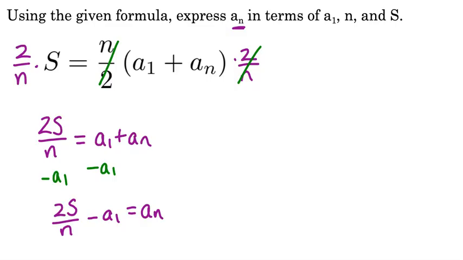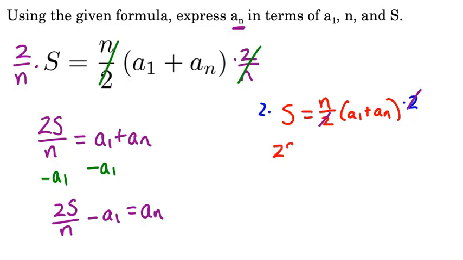Now let's take that same equation and see if we can solve it to get a different looking answer. So let's say we took s equals n over 2, a sub 1 plus a sub n. Now let's say you decided as a first step to multiply both sides by just 2. So the 2 and the 2 would simplify on the right side.